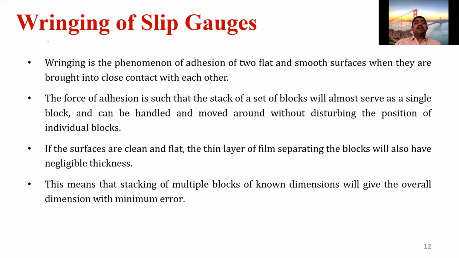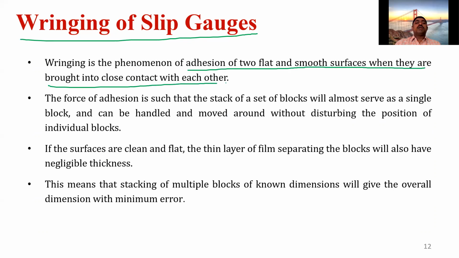Next, ringing of slip gauges. So what is ringing? Ringing is the phenomenon of adhesion of two flat or smooth surfaces when they are brought into close contact with each other. This ringing process is adopted to pile up the required height using a number of slip gauges.